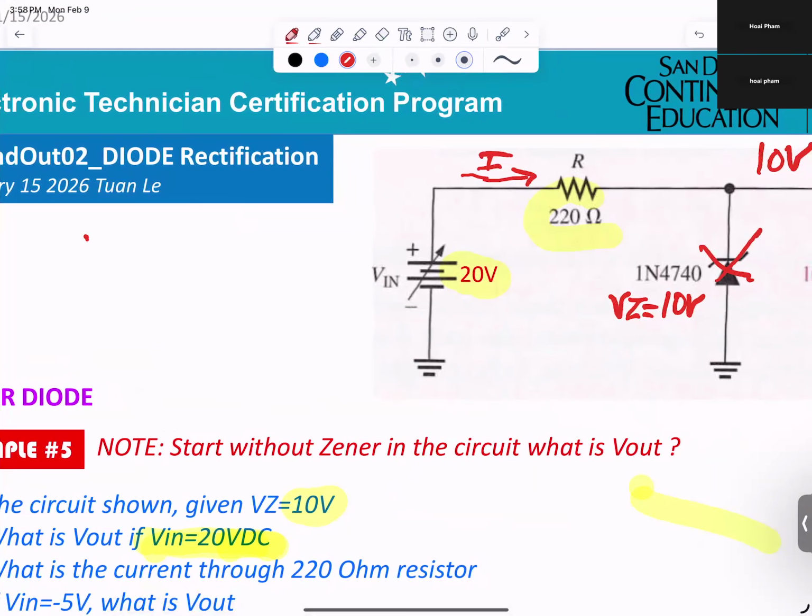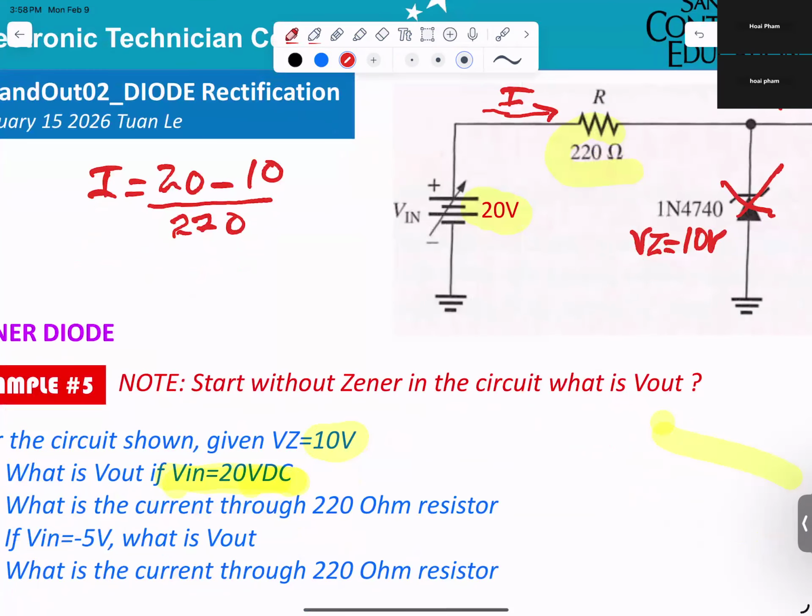So I equals 20 minus 10, divided by 20. And what is the current going to the 20 ohm?